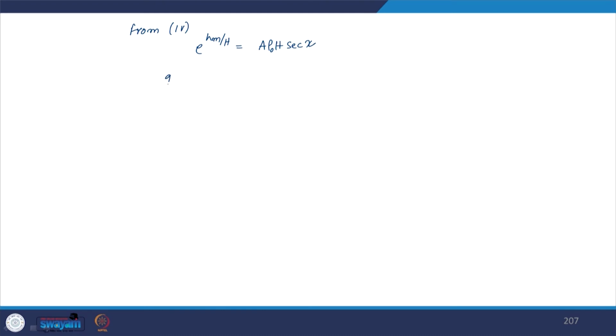Now peak production Qm as a function of the solar zenith angle and the peak production height is eta I infinity alpha rho naught exponential of minus hm by capital H minus alpha rho naught H secant chi e to the power of minus hm by capital H.